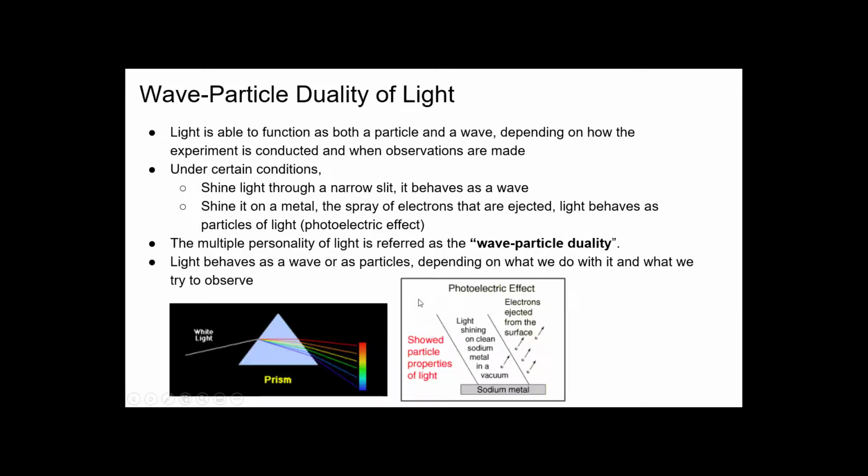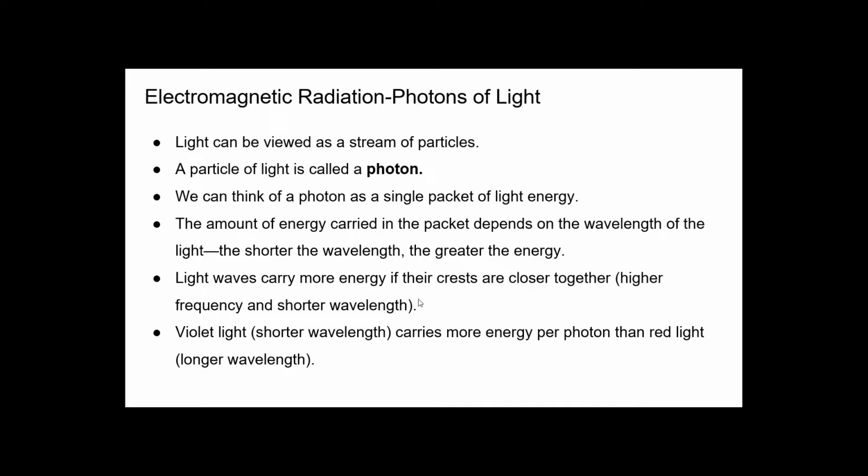So this is where the wave particle duality comes from. It's a multi-personality of light, is what they say. Light behaves as a wave or as a particle, depending on how we set up the experiments and what we're trying to observe from it.